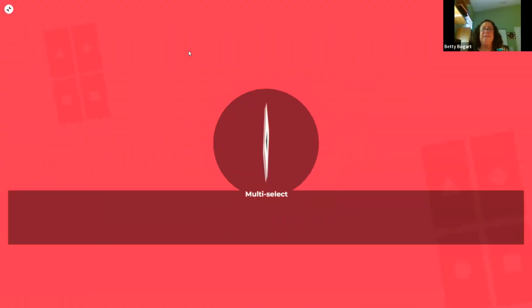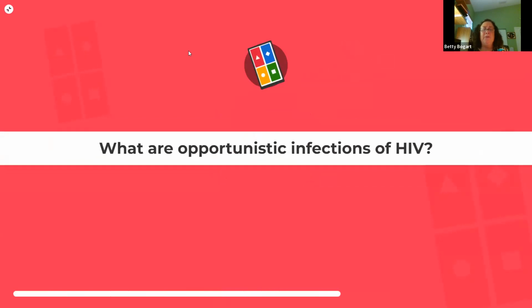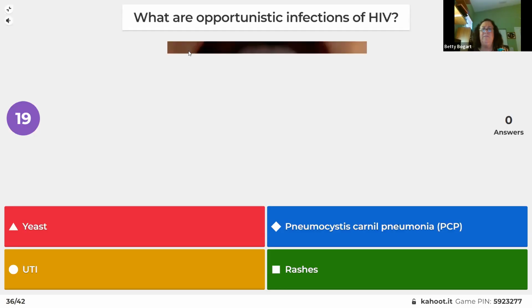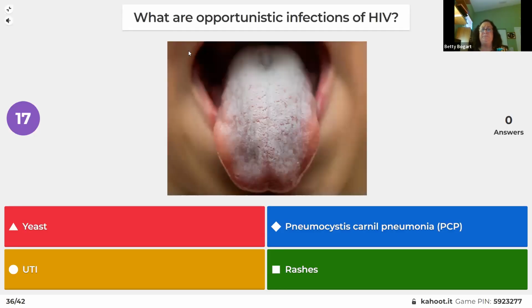A multi-select. What are opportunistic infections of HIV? I mentioned two.